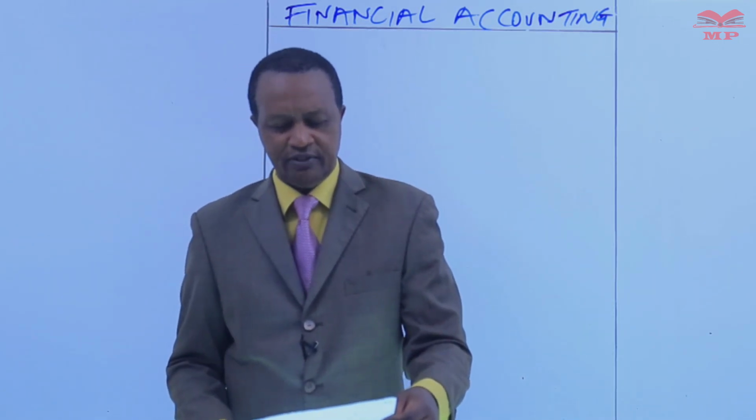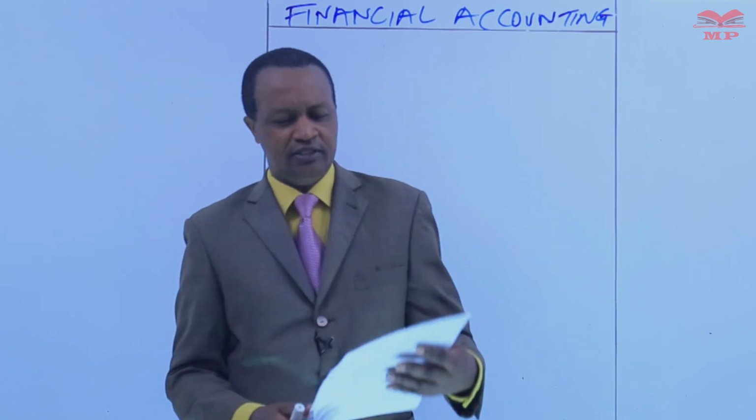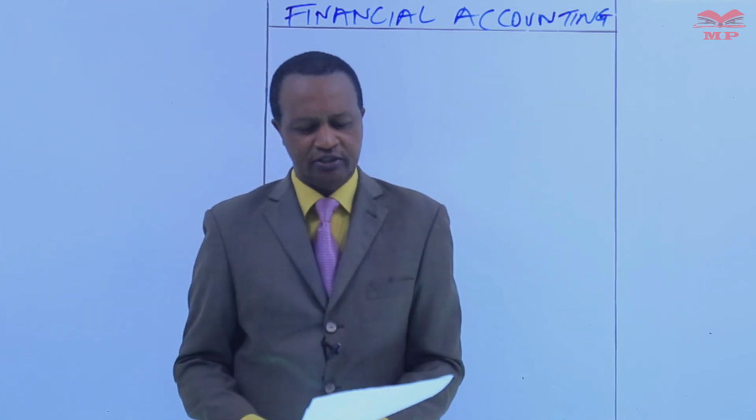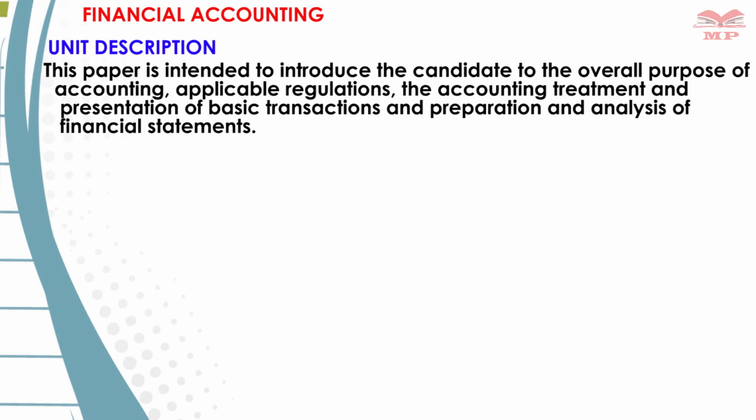And this subject, candidates, reading from the syllabus, we have the unit description. This is paper number 1, financial accounting. This paper is intended to introduce the candidate to the overall purpose of accounting, applicable regulations, the accounting treatment and presentation of basic transactions, and the preparation and analysis of financial statements.